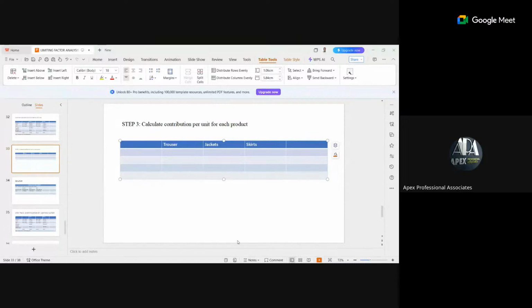So the contribution will be your selling price. Your selling price per unit from the question is what? For trouser, 3,300. For jackets, 3,800. For skirts, 2,000. Now, what are the various variable costs?